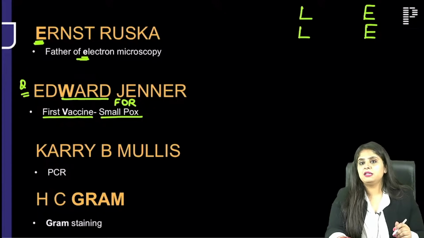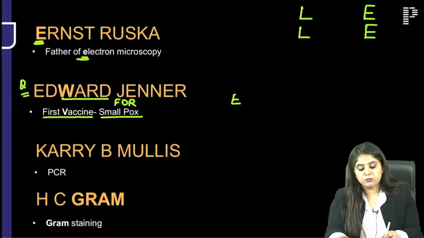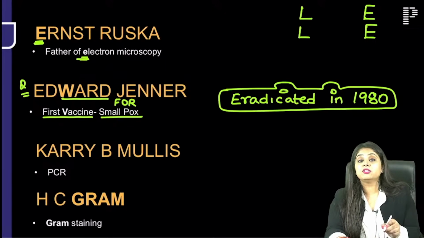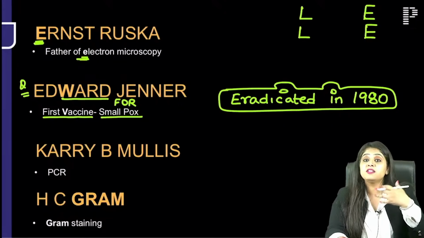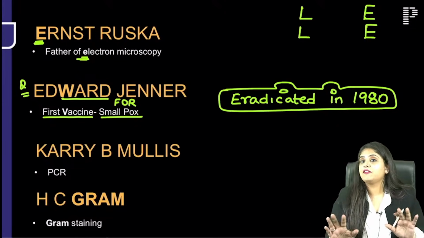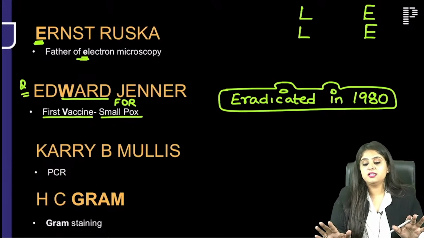No one in our family has got smallpox because it is a disease which no longer happens. Smallpox was eradicated in the year 1980, much before you were born, much before even I was born. After that we have never seen any case of smallpox.